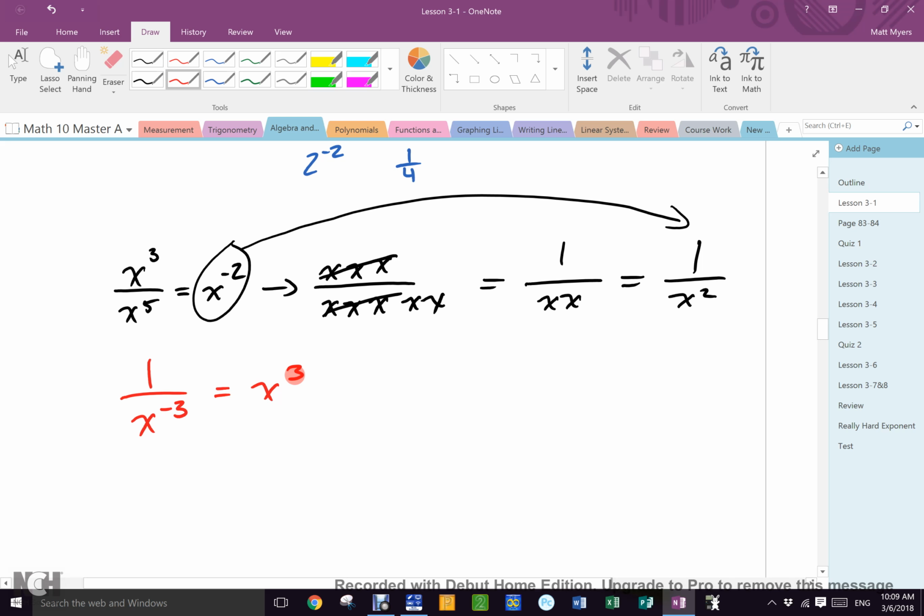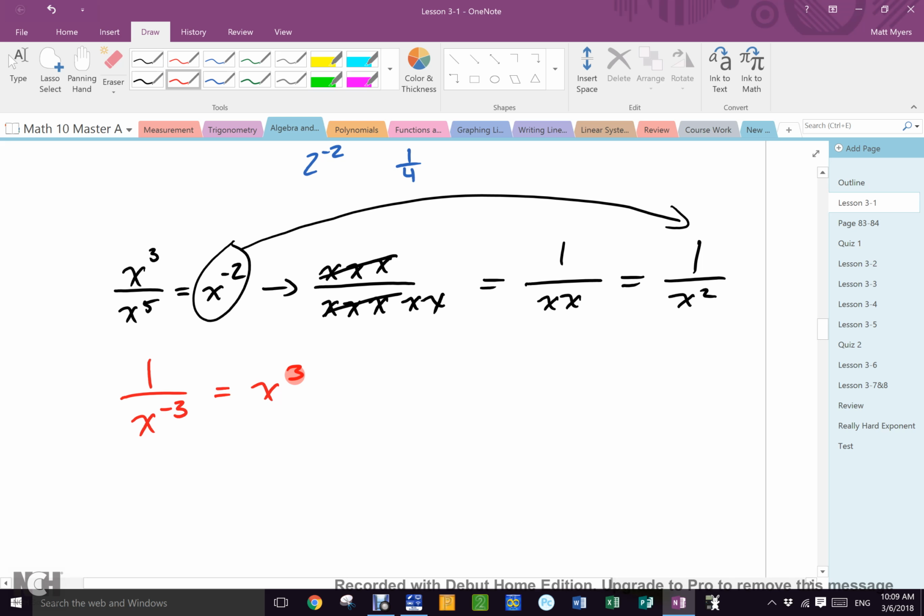All right. What would happen if I gave you this? Y to the negative 3 over x to the negative 2. What's wrong with that one? There's negatives everywhere.